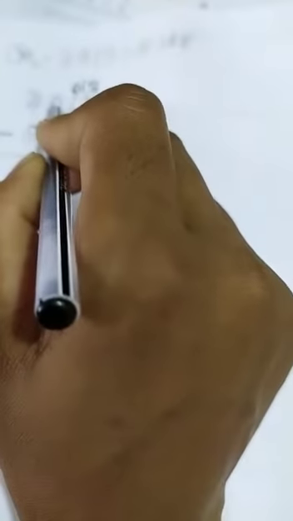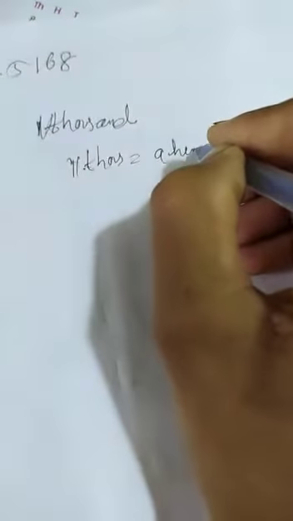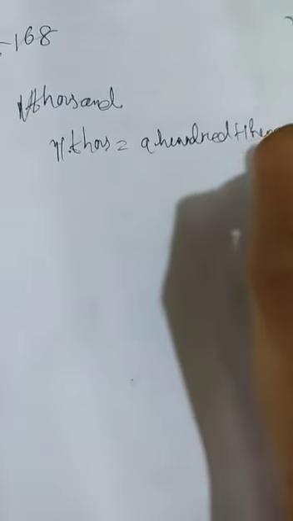0 is smaller than 6, so we borrow from which place? In thousands place, because hundreds place contains 0, so it contains 1000, that means 1 thousand. 1 thousand equals 10 hundreds, so we give 9 hundreds, plus 100s.